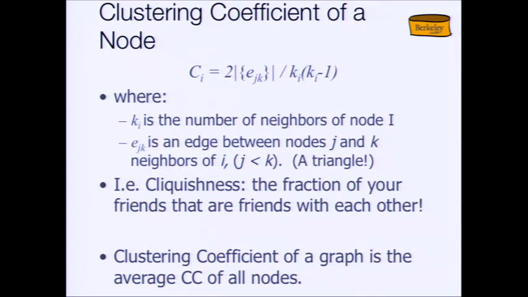It's a combinatorial thing. Anybody figure out what that is? It's the maximum number of edges between your neighbors. If you have k_i neighbors, each of them could be friends with all the others, right? So the maximum is k_i times (k_i minus 1).